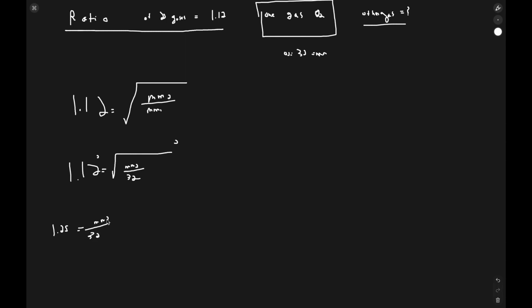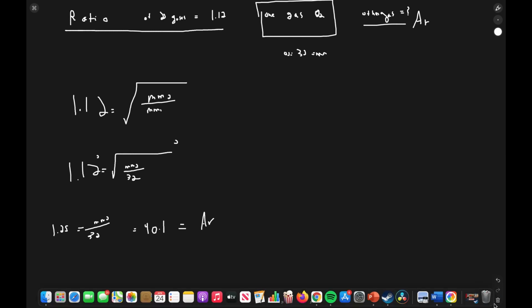And how do you solve for that? You multiply by 32, and we get 40.1. And if you look at your periodic table, whichever gas has a molar mass of 40.1 equals argon. So the second gas is argon. So just remember that equation.